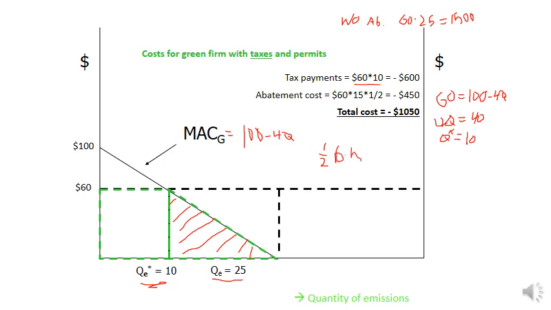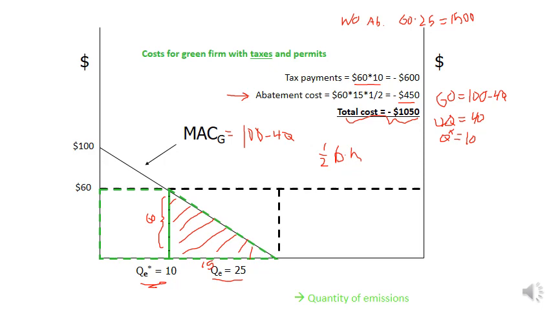What's the height? It's that $60 that we set equal to from the tax. What's the base? It's the 15 units of pollution they're abating. So they're paying $600 in tax. They also have to pay this abatement cost, which is $450. In total, they're paying $1,050 under this taxation scheme, less than the $1,500 they'd be paying in absence of abatement.